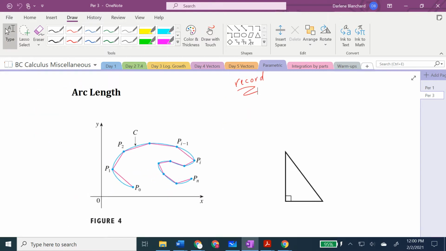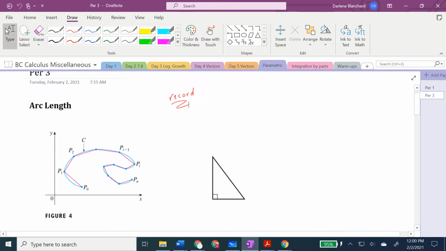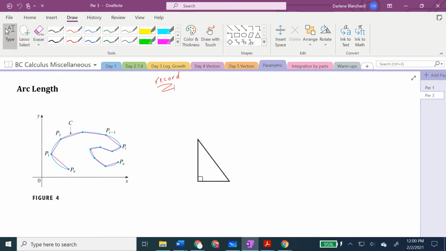We did arc length already, but we did not do it with vector parametrics. So I'm going to go back and remind you real quick of what we saw and how it looked slightly differently, but yet how it's also the same.